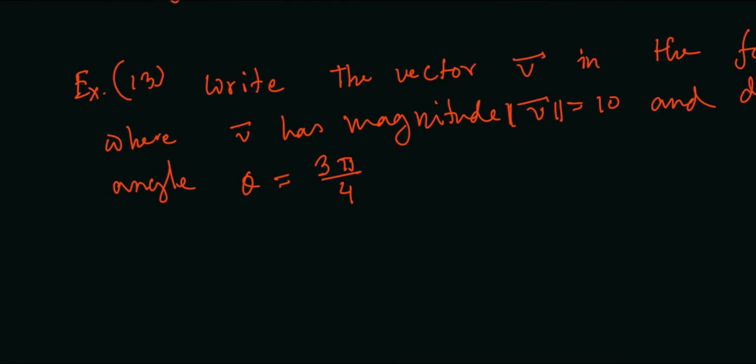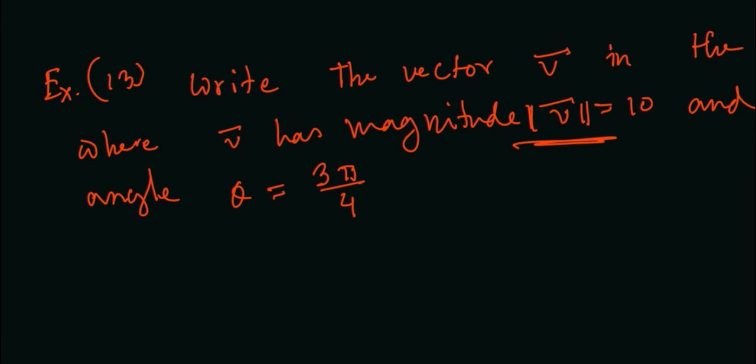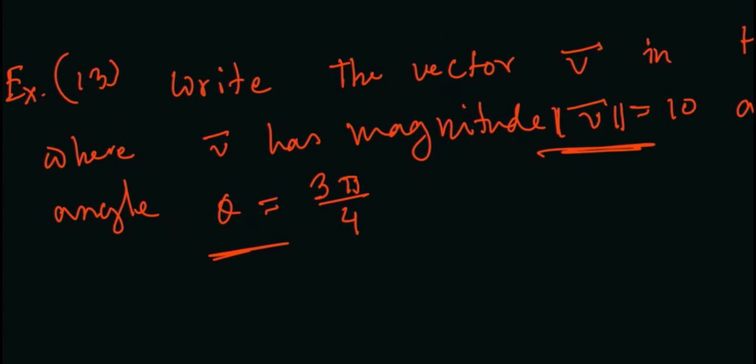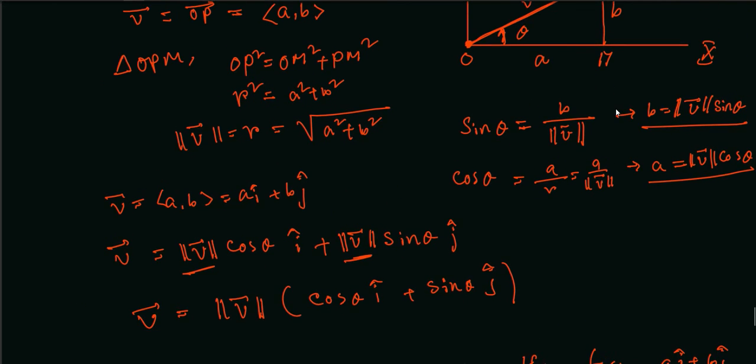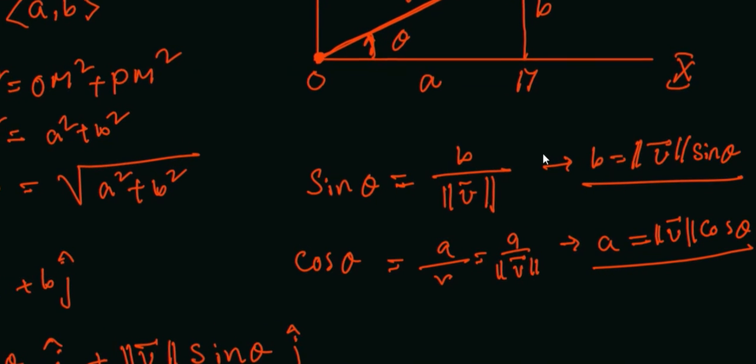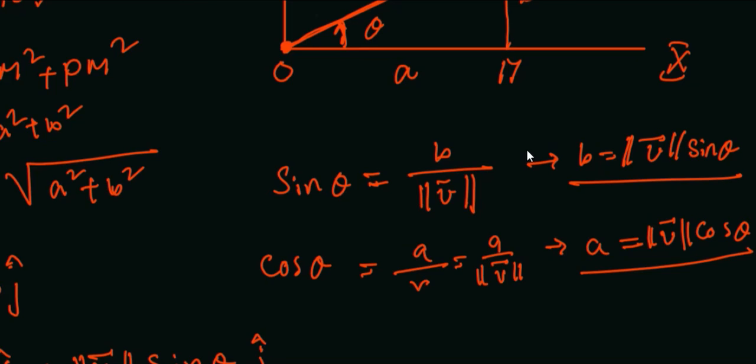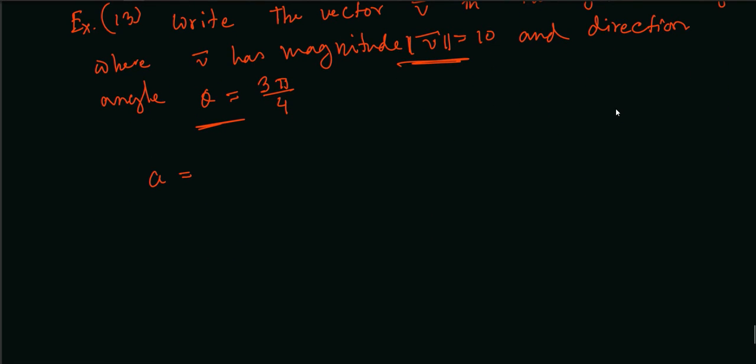In this problem, we are given the magnitude and we are given the direction angle, and we have to find the vector. So first of all, we need to find the component a, and we have seen here that a equals the magnitude of the vector times cosine of theta, and we are given the magnitude and the theta.